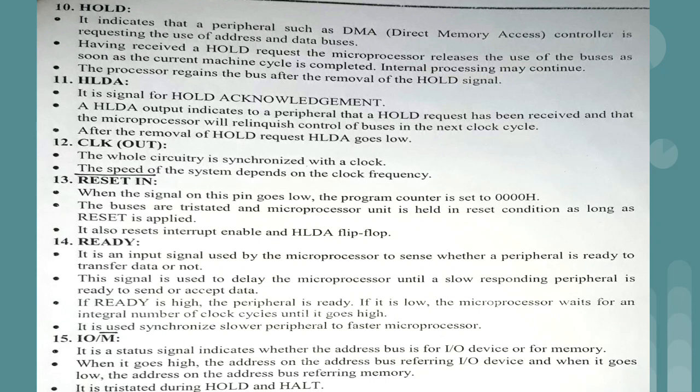When the microprocessor receives the hold request, it will see to it that the current machine cycle gets completed, meaning the current instruction we are executing should complete, and only then will we move control to the different bus lines as per the request of the direct memory access controller.